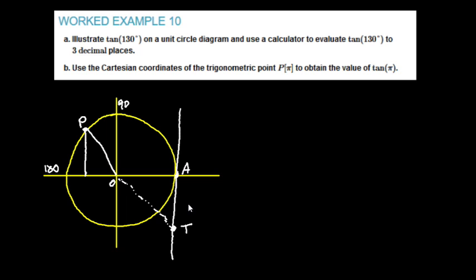So the intercept lies below the x-axis, which shows that tan of 130 is negative. And if we work that out on our calculator, we get roughly minus 1.192.